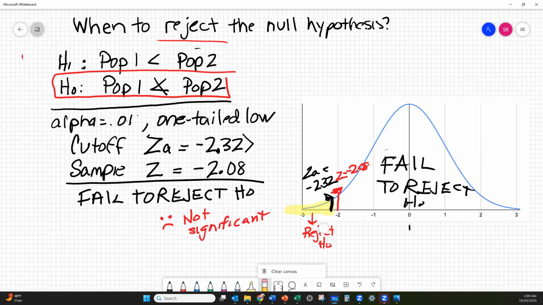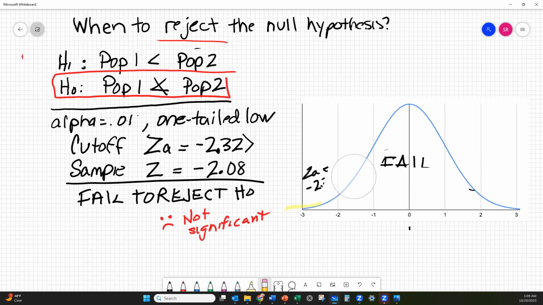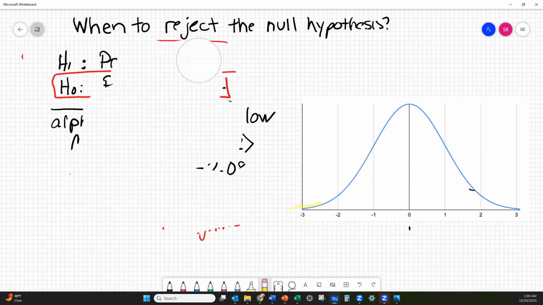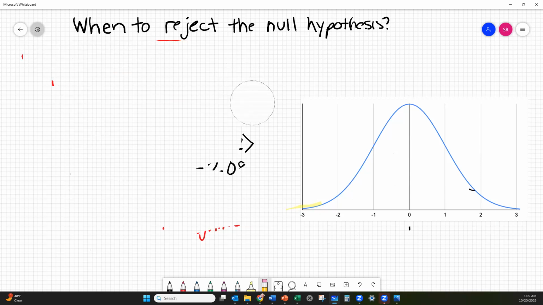Finally, going back and erasing everything one last time, let's give one more possible condition, and this is the condition in which the researcher doesn't know or doesn't want to predict whether a sample Z-score associated with population 1 will be higher or lower than population 2.